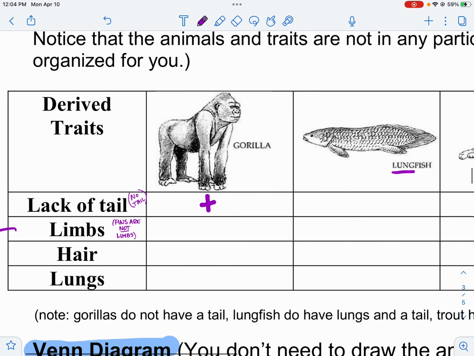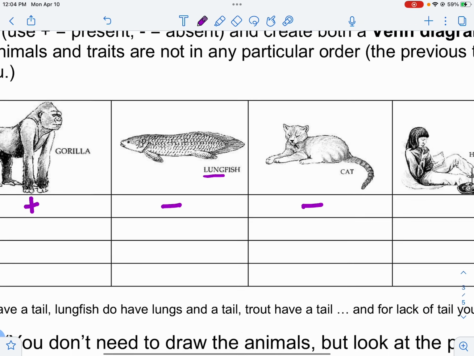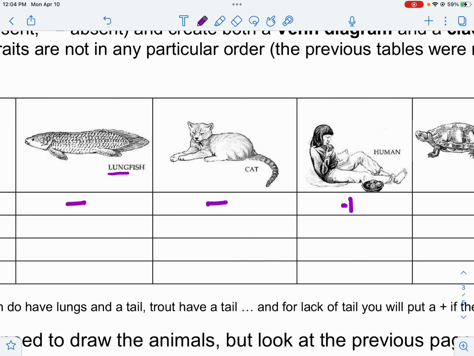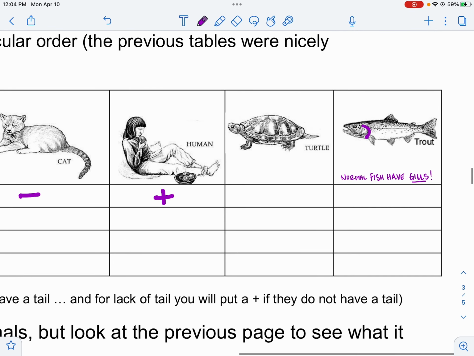Lungfish do have a tail, so they get a minus because we're looking for lack of a tail. Cats do not lack a tail because they have a tail. Humans lack a tail, so you're going to have a plus. Turtles do not lack a tail because they have one, as do trout.